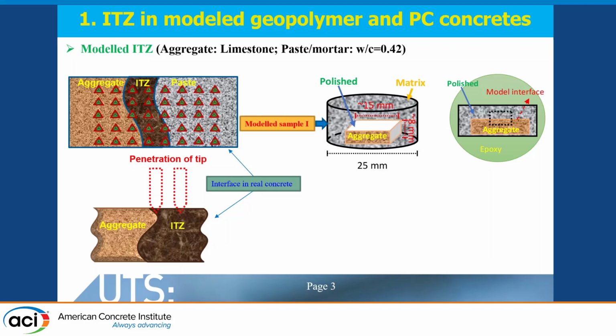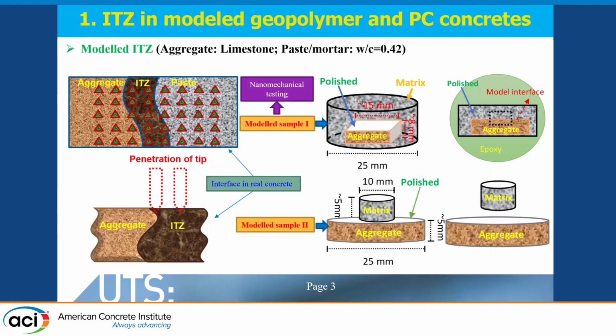The paste can be the geopolymer or the Portland cement paste as the comparison. Then you cut through it, and you will have the sample with the paste, the clear interface, and the aggregate. Then we use the nanoindentation and the Nanoscratch.